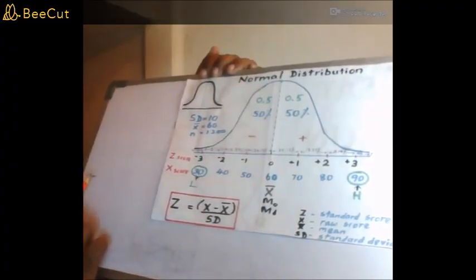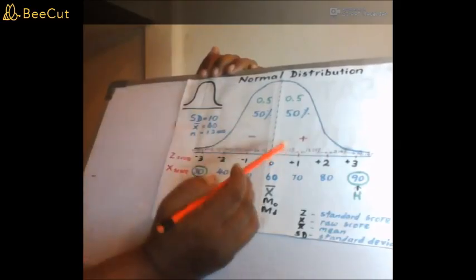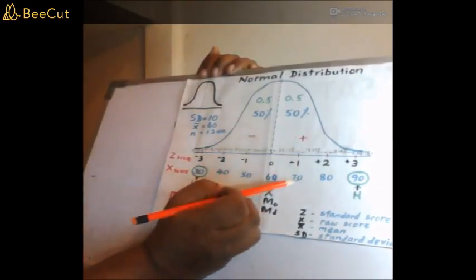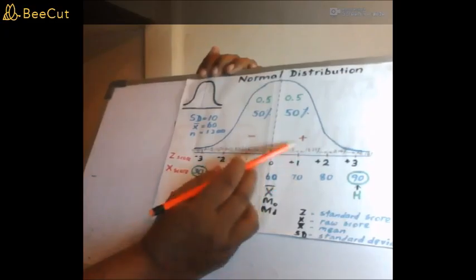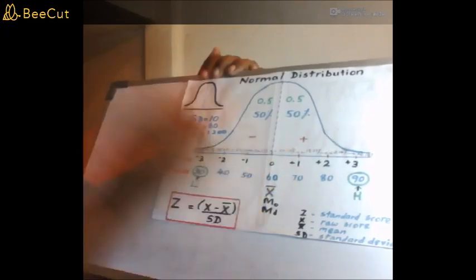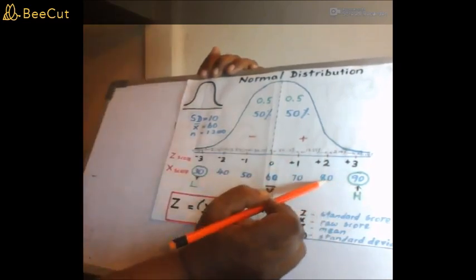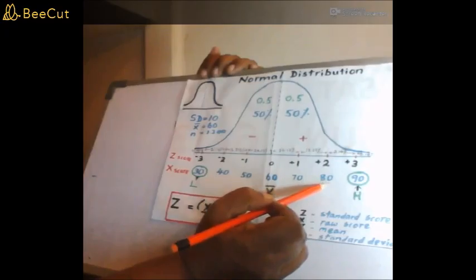Actually, I'll tell you now itself. There are two types of questions from this normal distribution. They will give you the number of students and ask for the cutoff. Or they will give you the cutoff mark and ask for the number of students. For example, those students who scored above 80 will get A passes.